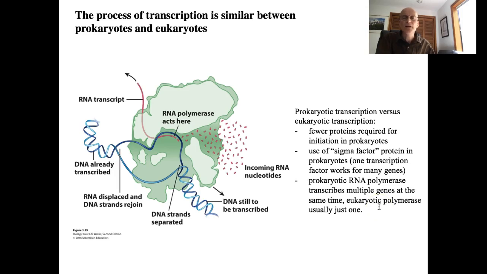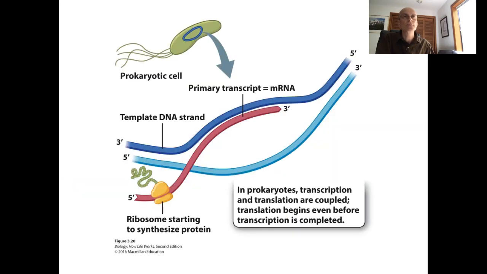And so rather than having transcription factors that are different for each different gene dealing with this new food source, they just transcribe them all at the same time. So that is another difference in the transcriptional process: prokaryotes transcribe many genes at the same time. Eukaryotic polymerase usually just one. So that's what we have here for the difference between prokaryotic and eukaryotic transcription.